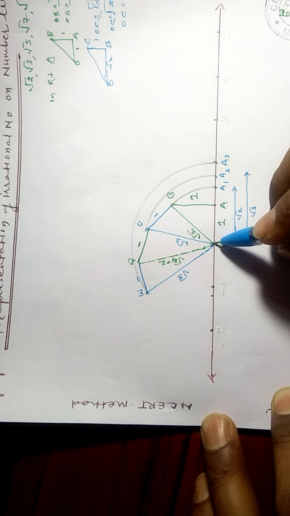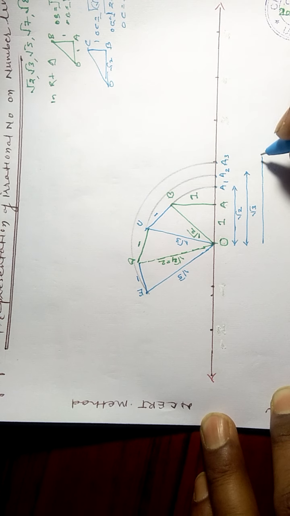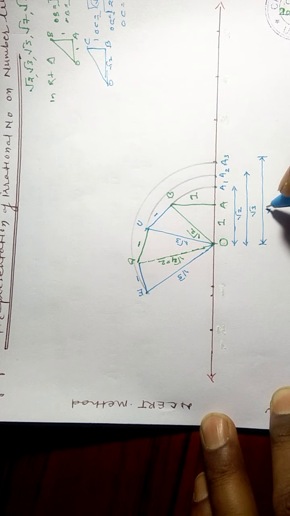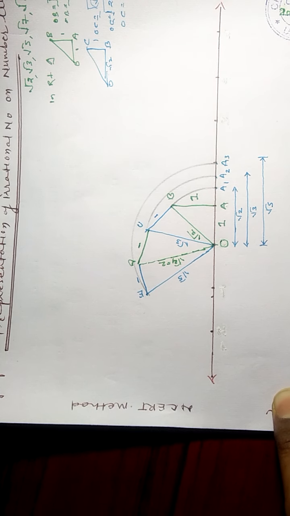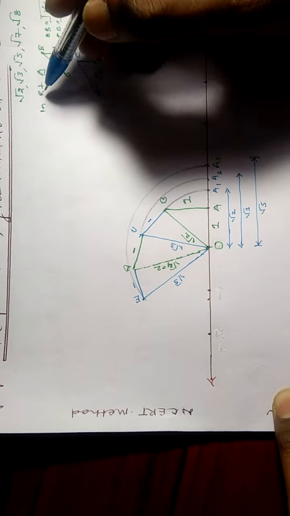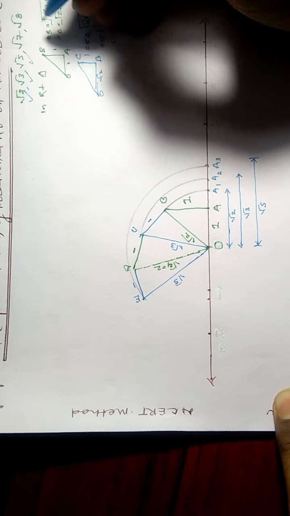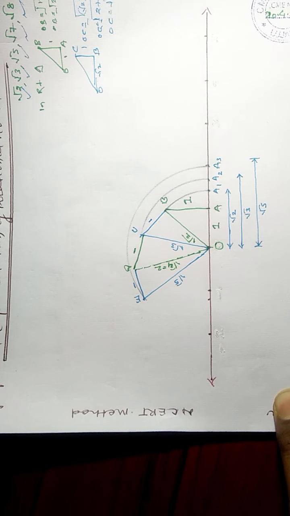Now this OA3 will represent your root 5. So this is a very easy manner to represent irrational numbers like root 2, root 3, root 5. Similarly, continuing this method, you can find root 7 as well as root 8 also.